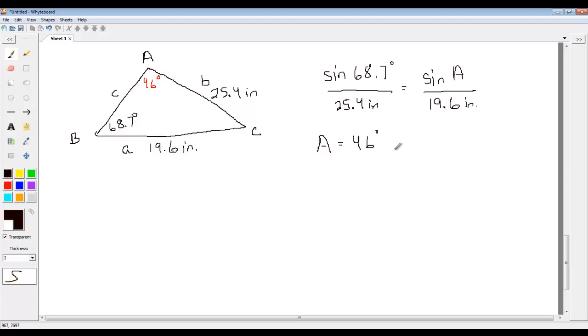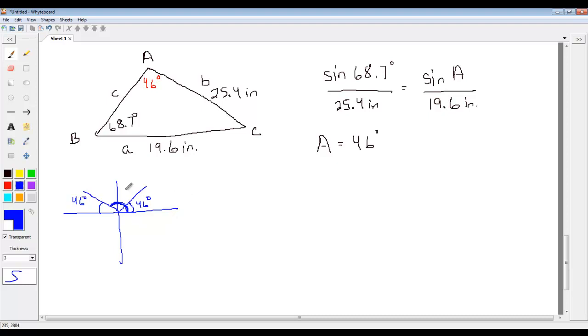The other possible angle isn't going to work here. If you've got a 46 degree angle in quadrant 1, and you go ahead and draw the 46 degree reference angle in quadrant 2, the reference angle goes with a 134 degree angle.